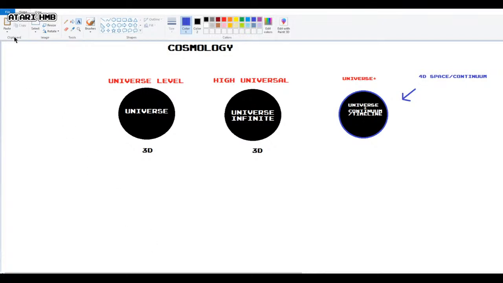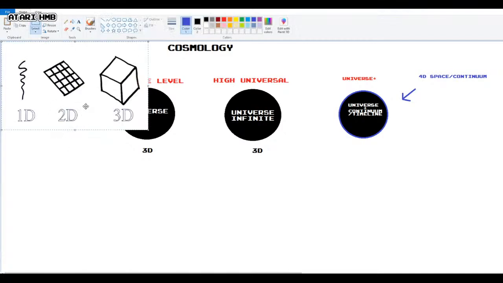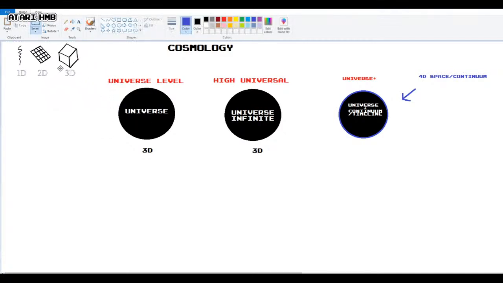So if we have an infinite range of motion for each dimension, right? Let me put this right here. We have an infinite range of motion for each dimension. That means this dimension has an infinite range of how far it could expand. Okay? Now, this may expand to infinity, but destroying all infinite matter or 3D matter in it is not the same.